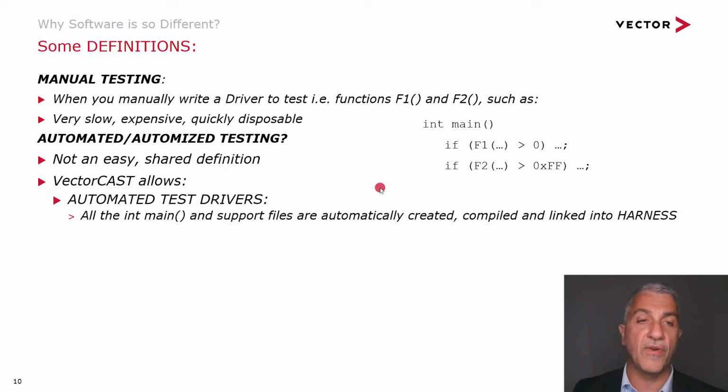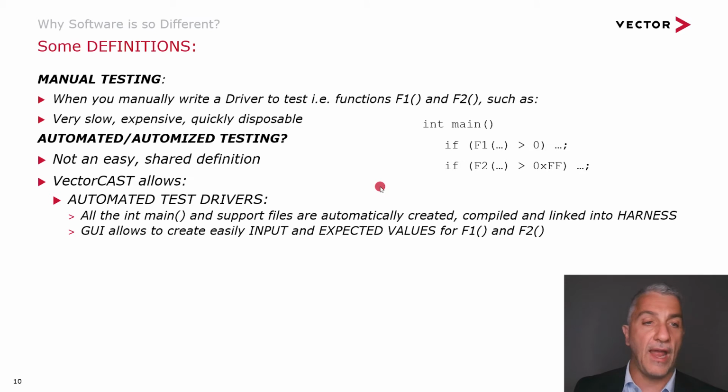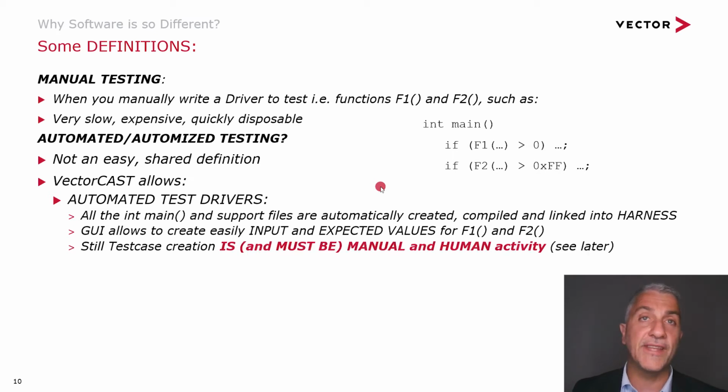So this is really automated. And the VectorCAST GUI allows you to create input and expected values for your own functions, for example, F1 and F2. But still, the creation of test cases is and must be a manual and human activity based on requirements, as we will see in the next slide.